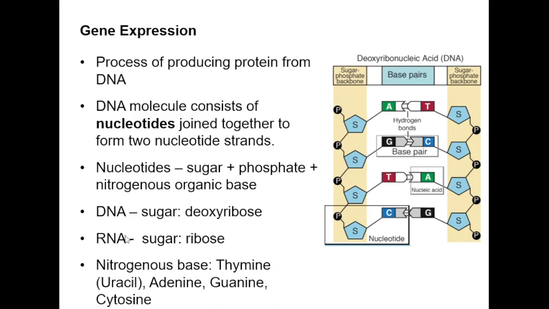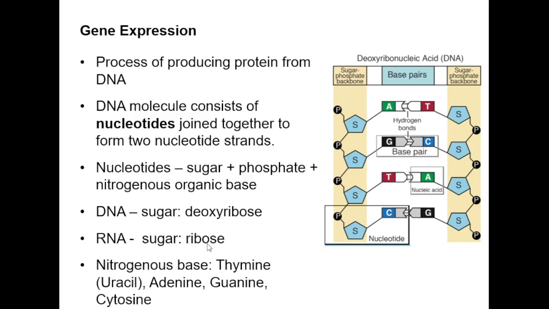Now, DNA and RNA are both nucleic acids. What's the difference between the two? Well, the most simple difference is the sugar that they have. DNA's sugar is deoxyribose, while the sugar of your RNA is ribose.